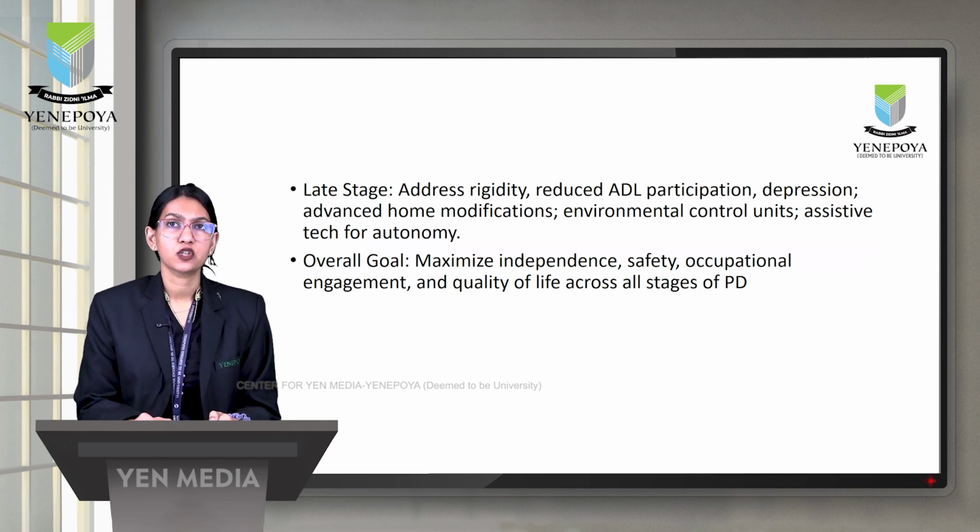So home modifications like environmental control units and assistive technology for providing autonomy can help the patient. In general, occupational therapy should focus on maximizing independence, safety, occupational engagement, and improving quality of life across all stages of Parkinson's disease.